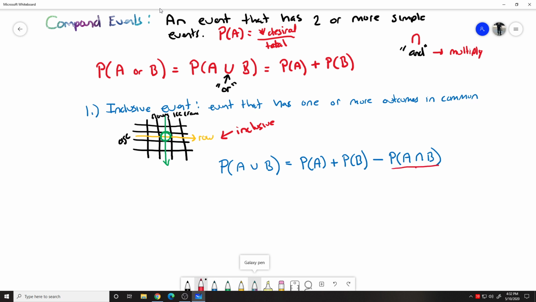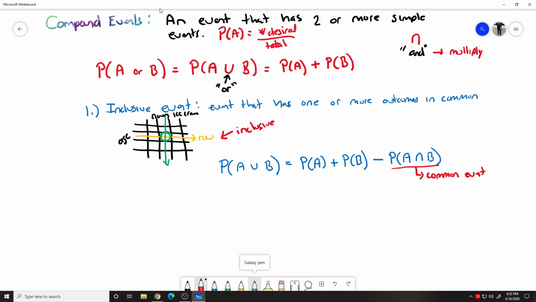This is the common event. In other words, the cell where they overlap, you have to subtract the value of that cell from your probability, because if you don't, then you've counted those people twice.